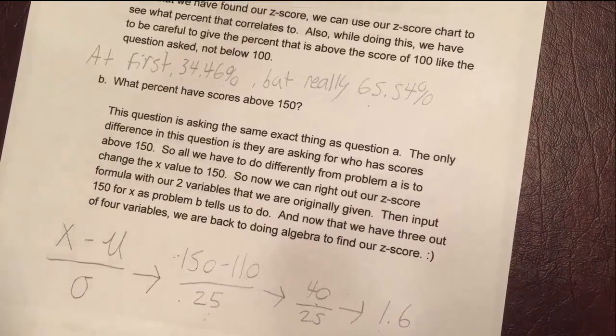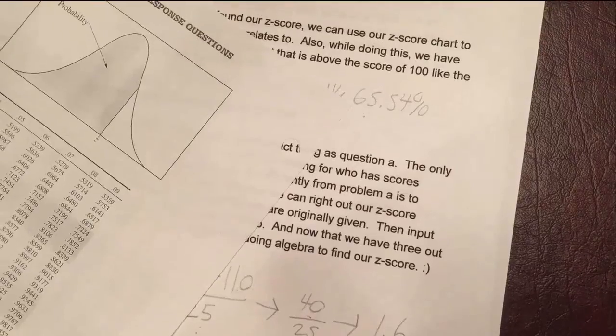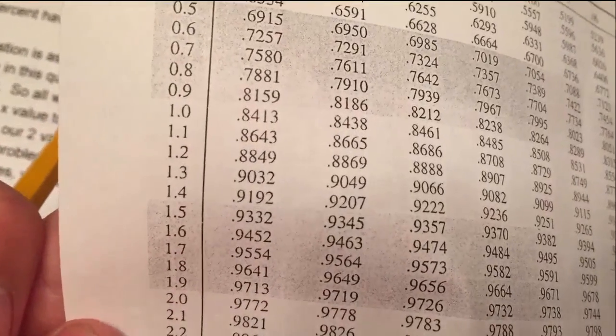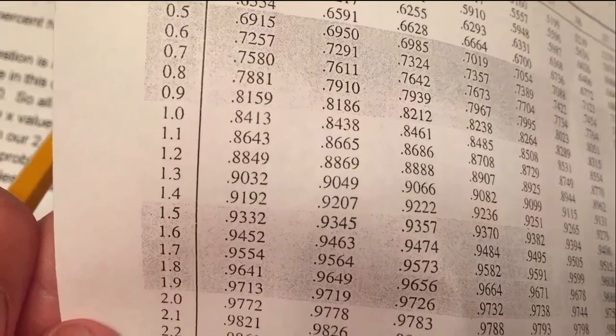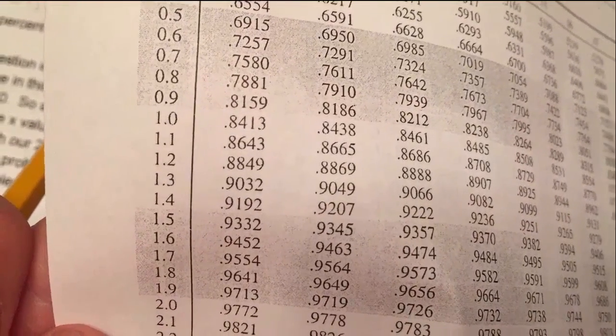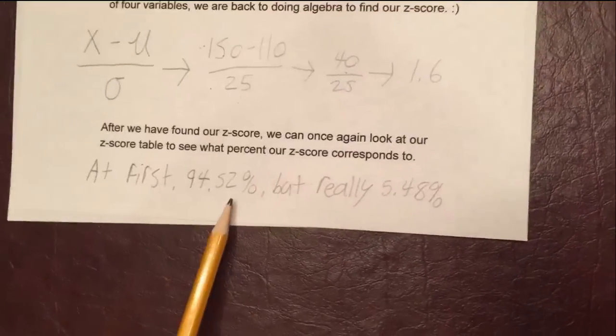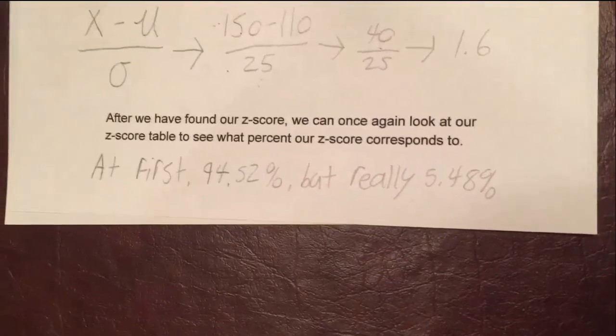So now again, we go back to our handy dandy chart, and we look at 1.6, and that is a 94.52, which, at first, we see that, and it looks great, like that's our answer.